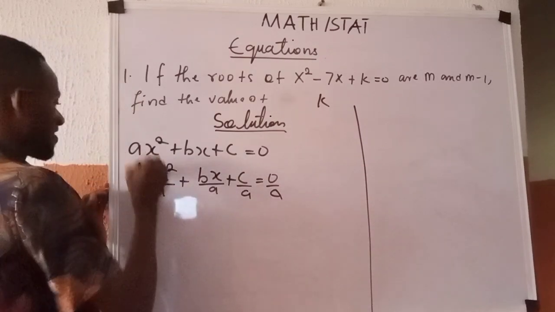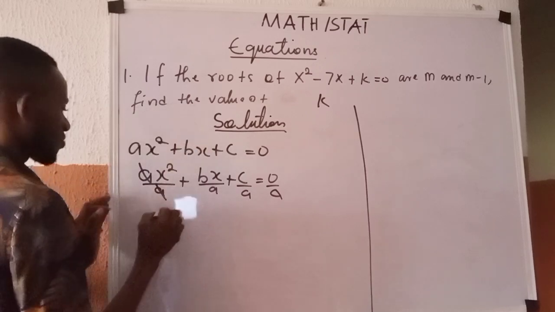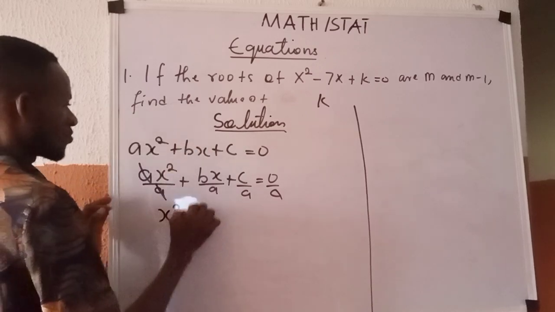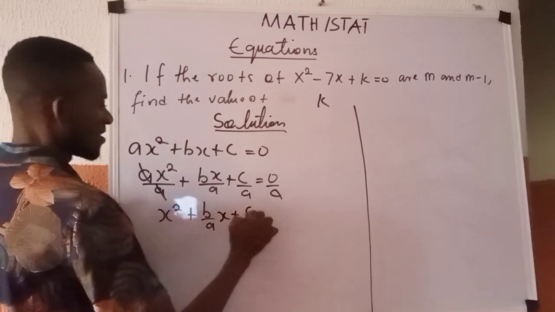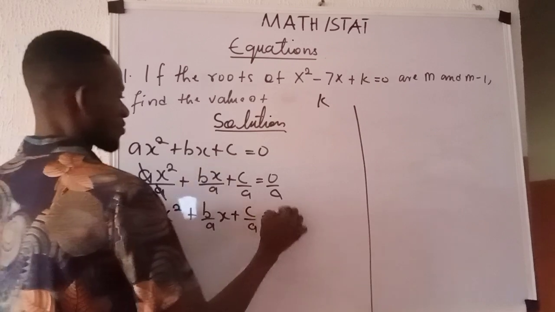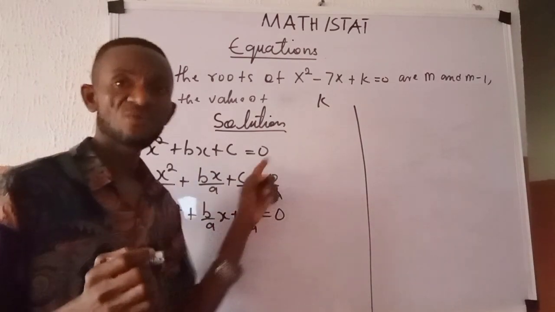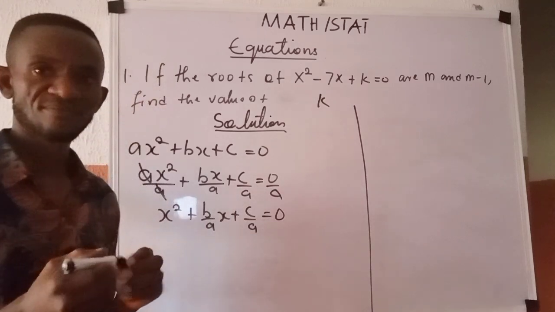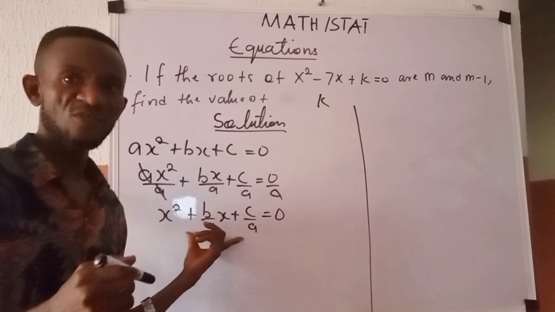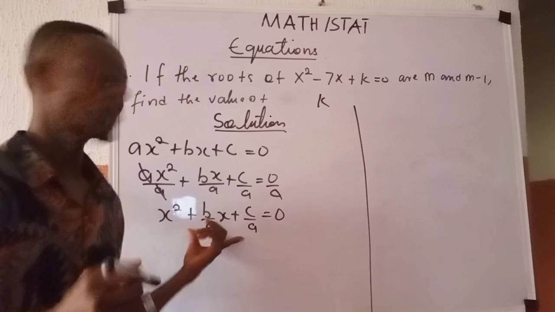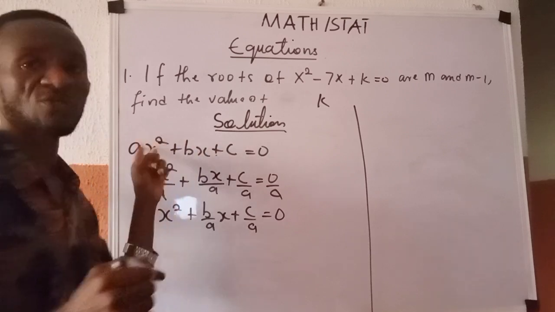This can cancel this, and what you are left with is x raised to power 2 plus b all over a of x plus c all over a equals 0, reason being that 0 divided by anything will return 0. So this is also a general expression for quadratic equation because we arrived at it from making the coefficient of x raised to power 2 to be 1.